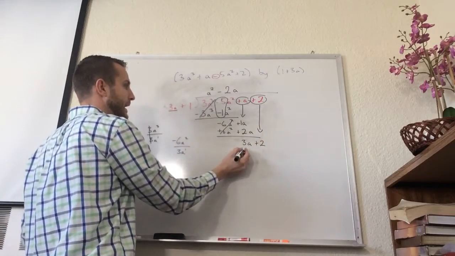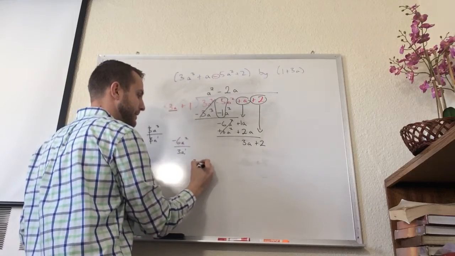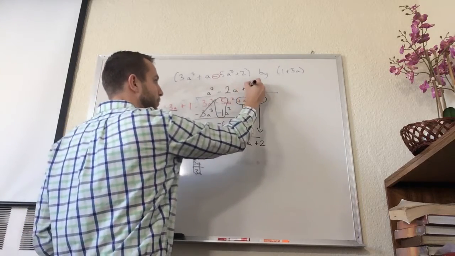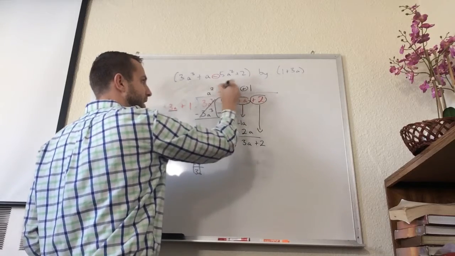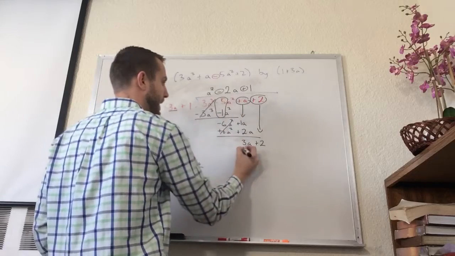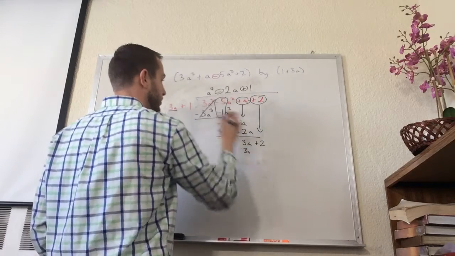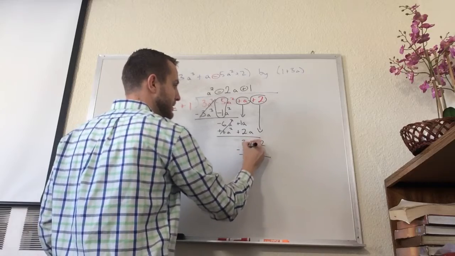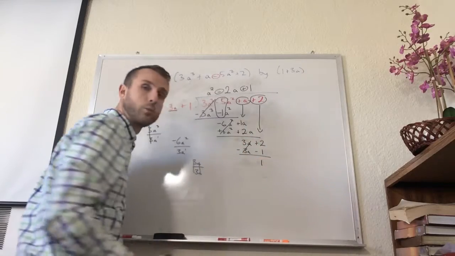Again, 3a divided by 3a. Notice that cancels everything, so I'm left with positive 1. Remember, you must have the signs in between each term. Positive 1. Multiply back, I get 3a. Multiply back, I get 1. Change the signs. These cancel. I'm left with 1.